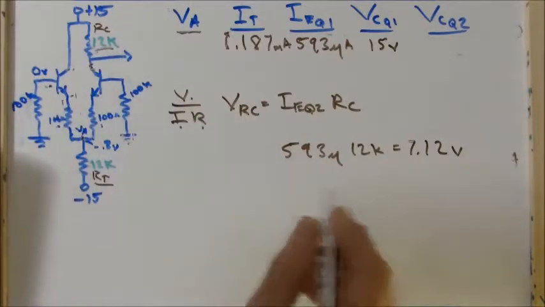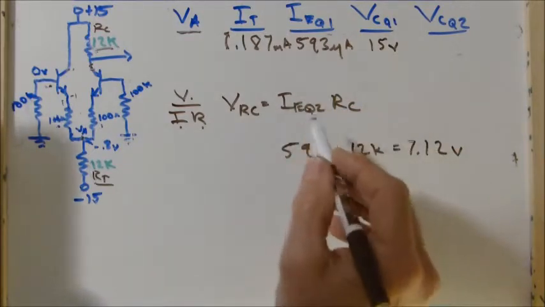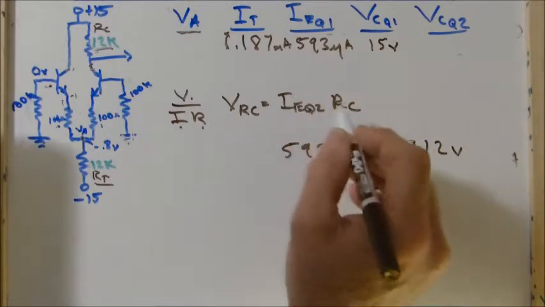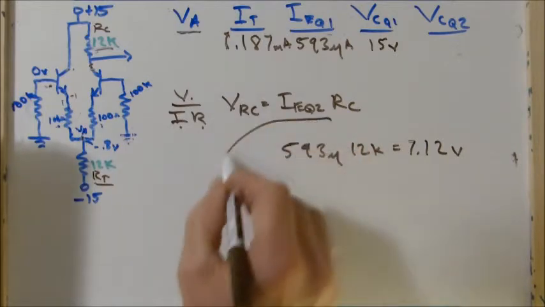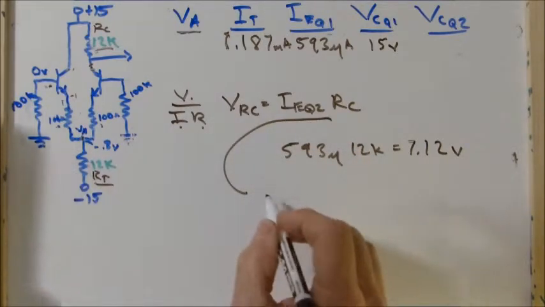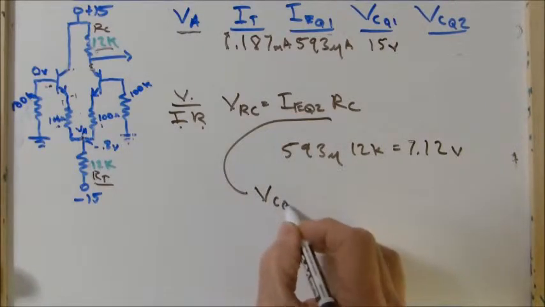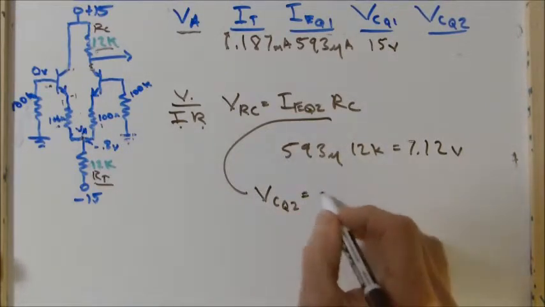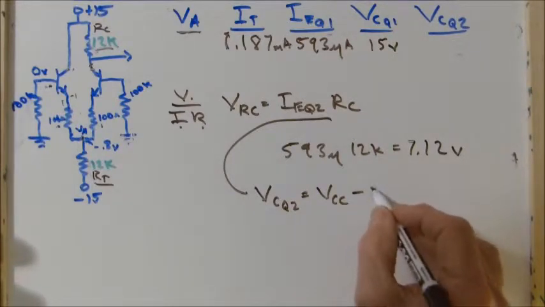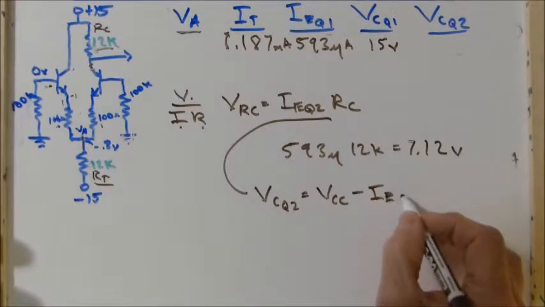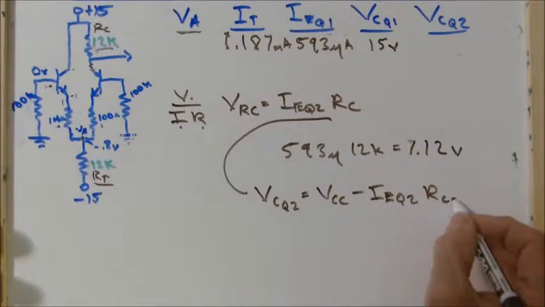not the voltage of RC, just the drop across the 12K resistor. So what we do now is we're going to take this equation, modify it a little bit, and say VC of Q2 is equal to VCC minus IEQ2 times RC.